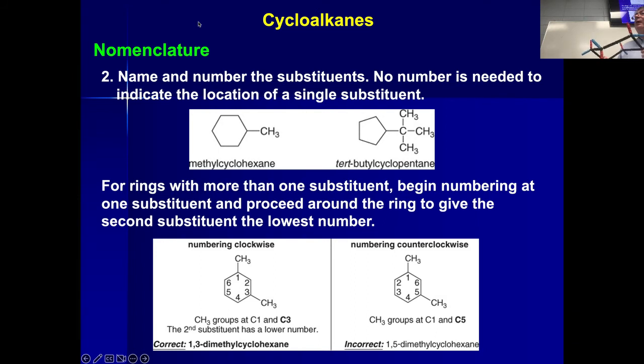How many carbons are there? 4. So it's a butyl group. But notice it's called tert-butyl. That's because if you looked at the hydrogen on that molecule, if it was an alkane, it would be removing the tertiary hydrogen, right? And the way that I do this, it's very easy. Tert starts with what letter?